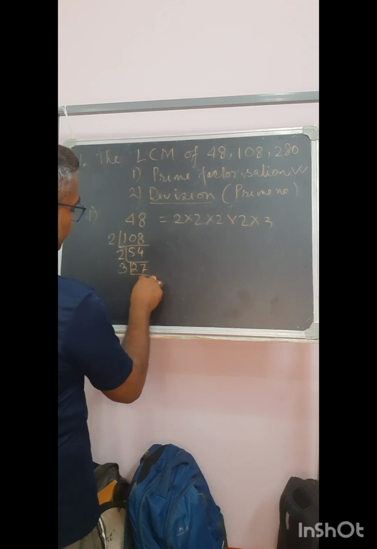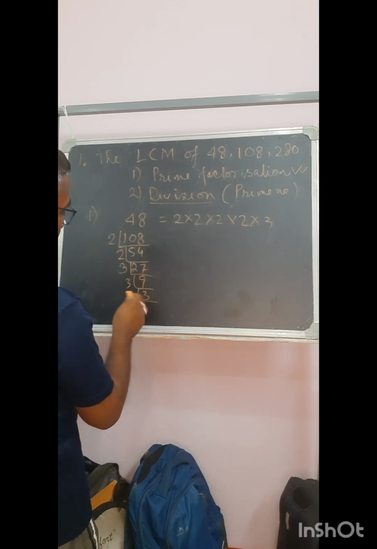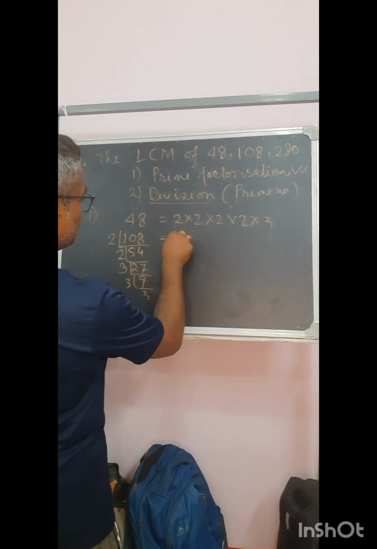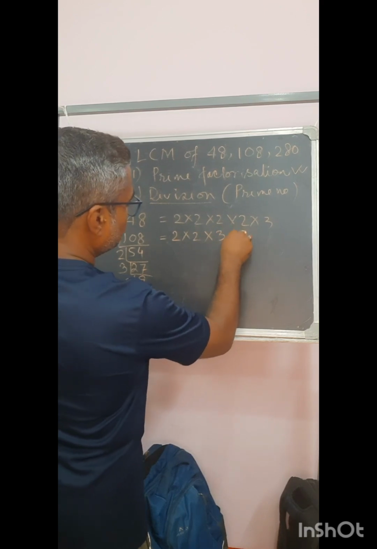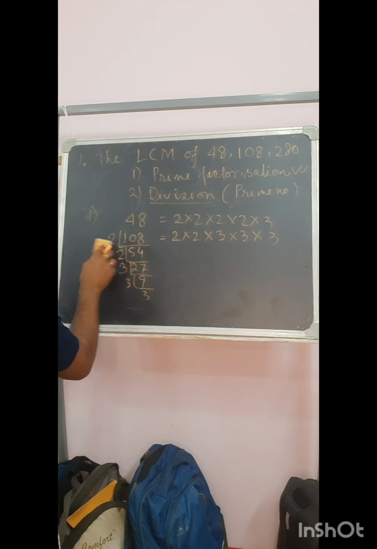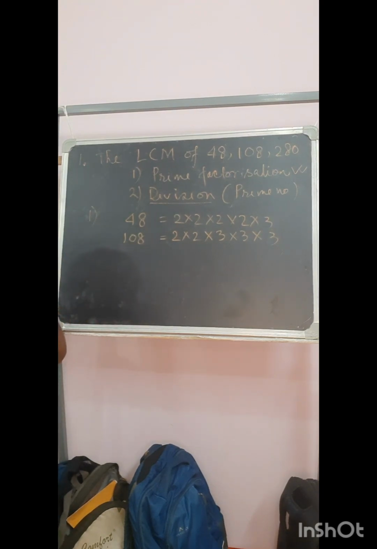So it will come 9, 3, 3. At the end this is 3. You need not go further. So I can write this as 2 into 2 into 3 into 3 into 3. So this is your 108.